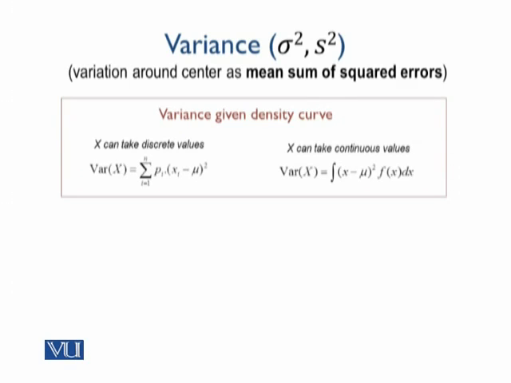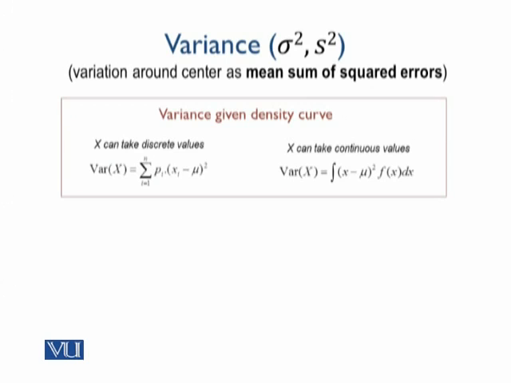The reason for squaring is we don't want difference on one side and the difference on other side to cancel out. जब हम positive और negative difference का square ले लेंगे तो हमेशा आपकी जो sum of square errors हैं वो positive ही रहेंगे. So if we measure the variance around the mean as the mean sum of squared errors, we would call this the variance of the variable that we're studying.